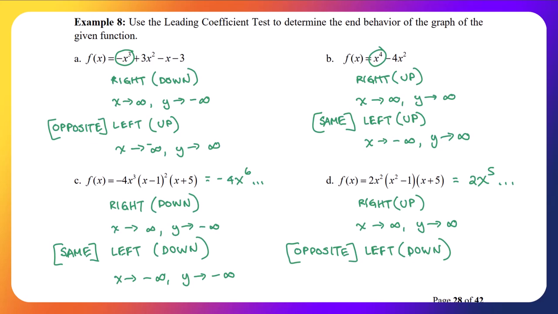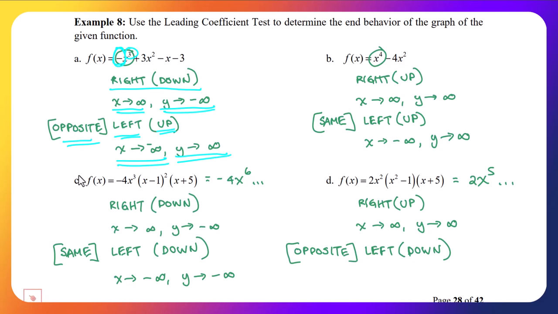So for example 8, the leading coefficient is negative, so the right is down. And the exponent is odd, so the left is the opposite, or up. The other three are similar.